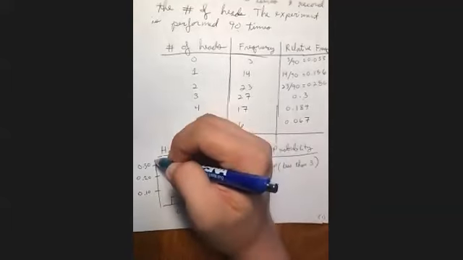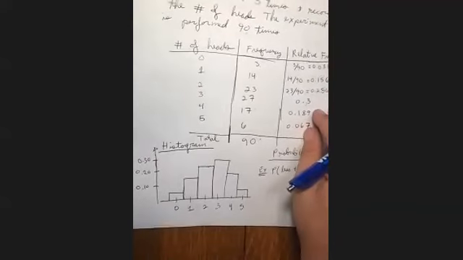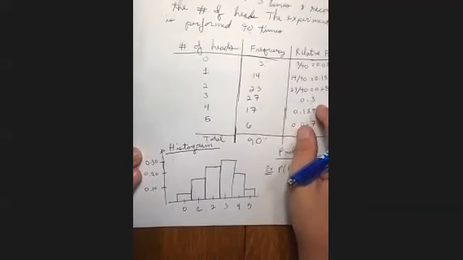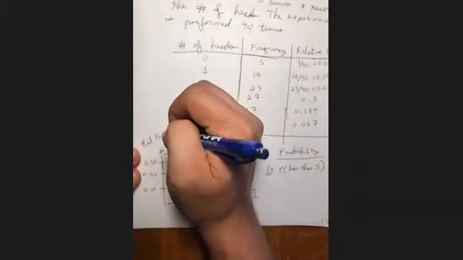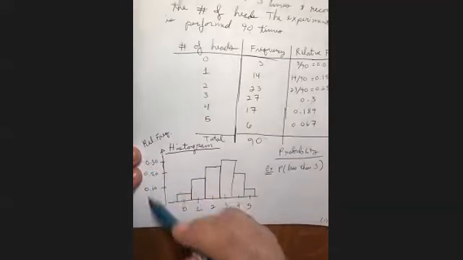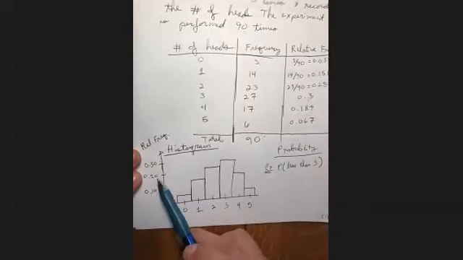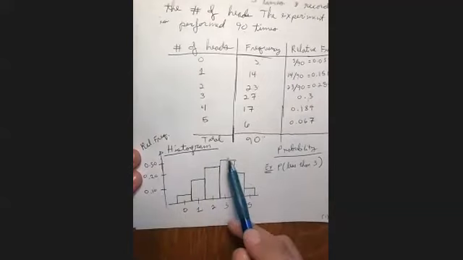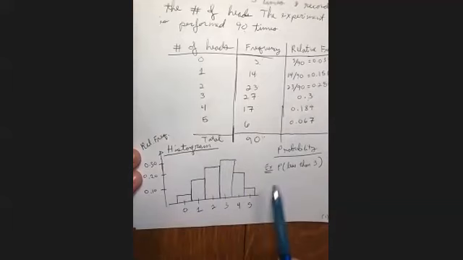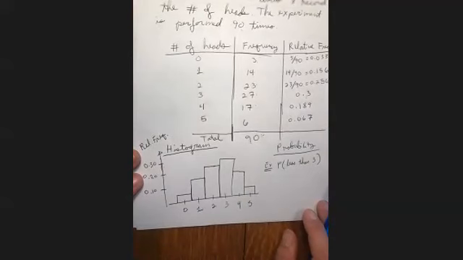Here on the vertical axis, we could have either the frequency or the relative frequency, but it's often best to use the relative frequency for the same reason as noted before, that it's easier to compare. Graphically, the relative frequency looks like the following. This is the shape of the distribution.